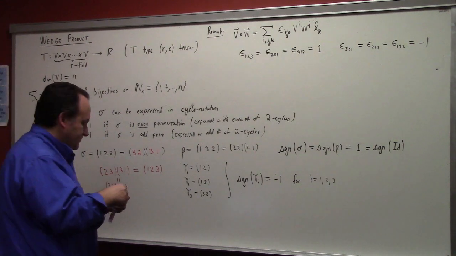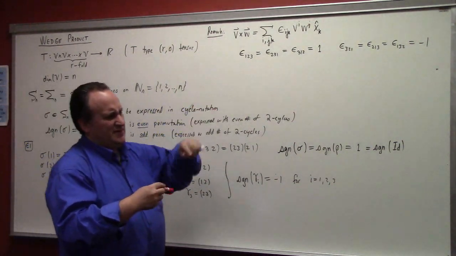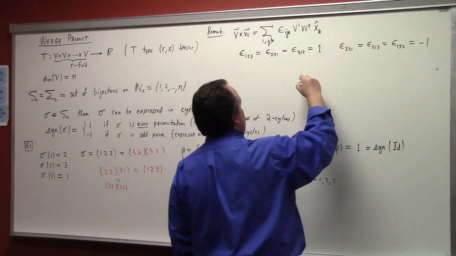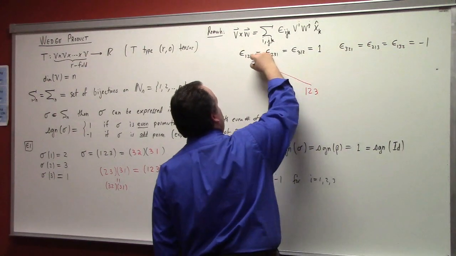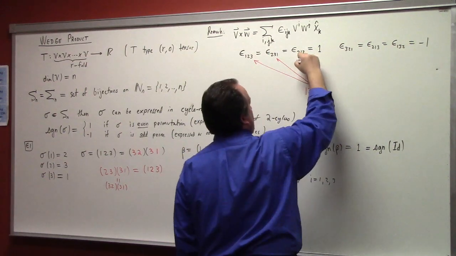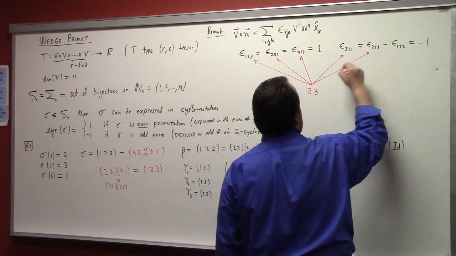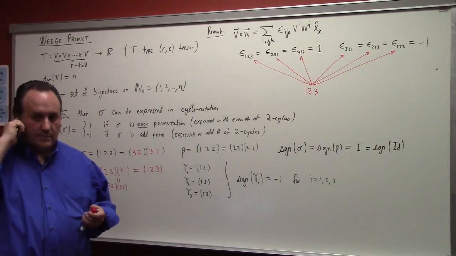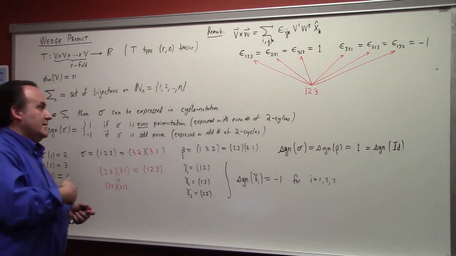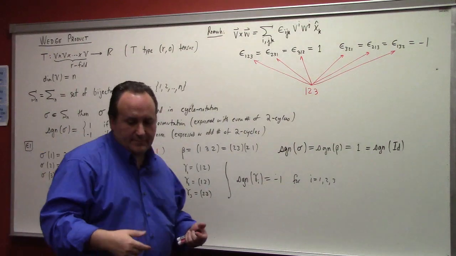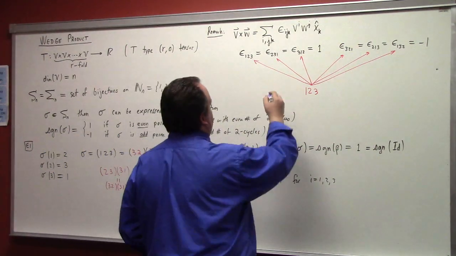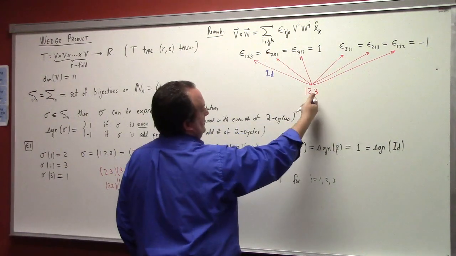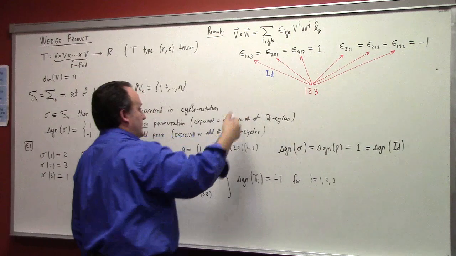To understand the interplay here, we have to think about 1, 2, 3 going to this, or this, or this, or that. That's the permutation. This is the identity. 1 goes to 2, 2 goes to 3, 3 goes to 1.